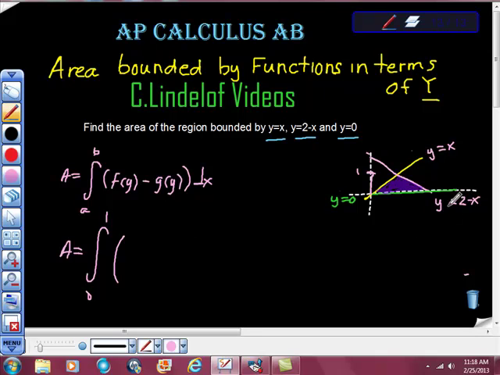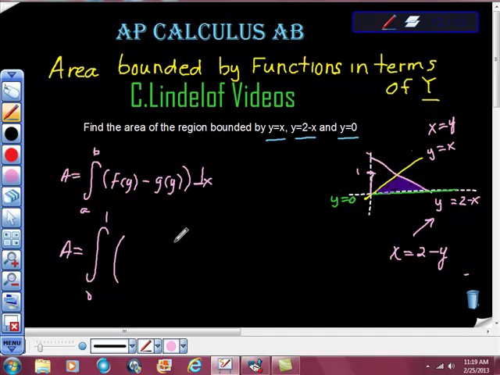Oh, I guess now what I have to do is switch this around. I have to solve this for x. If I solve this function in terms of x, with a little bit of algebra, you'll get x equals 2 minus y. Remember that the sign switched because that's a negative x there. Then for this one, I don't have to do much at all. If y equals x, then turning that around, x also equals y.